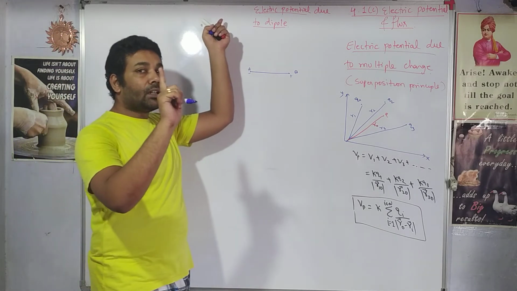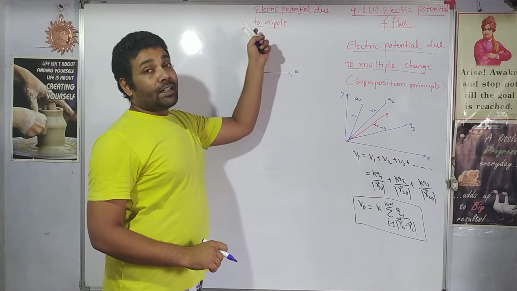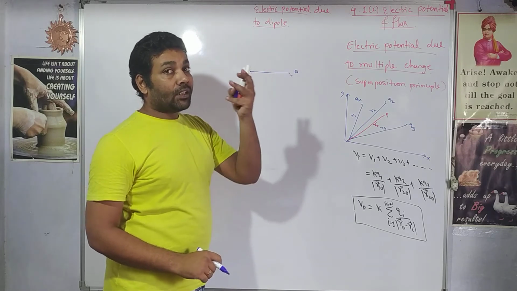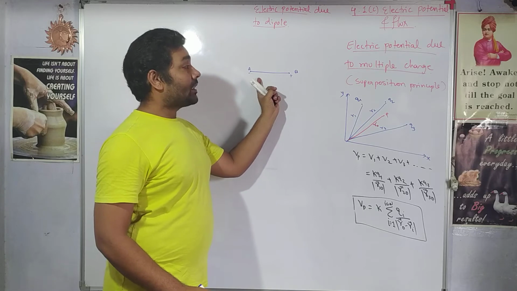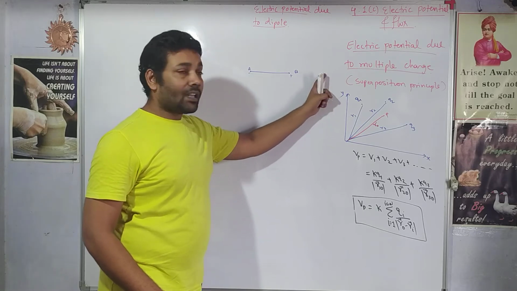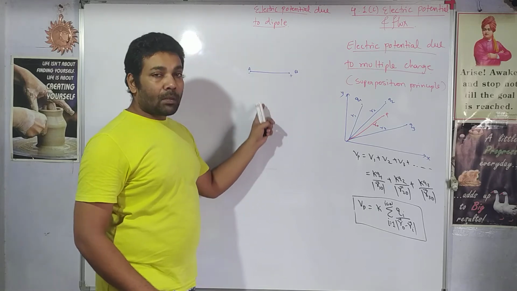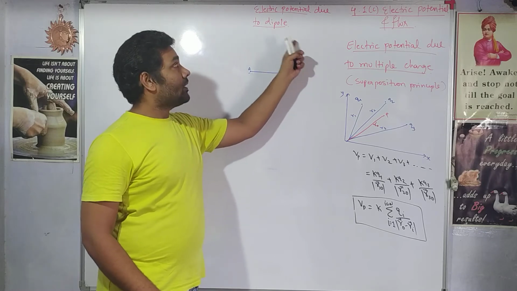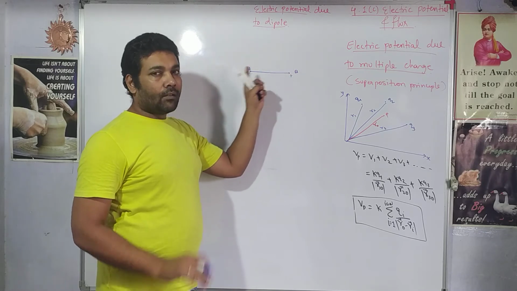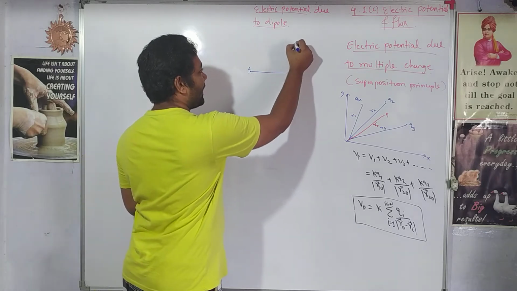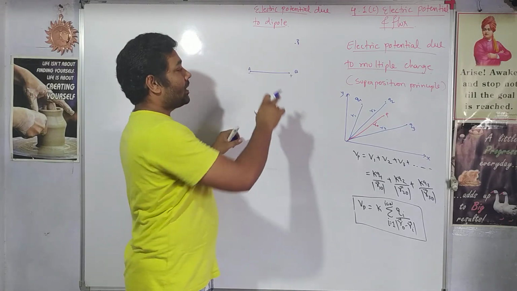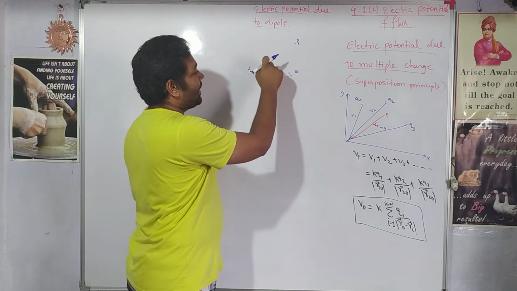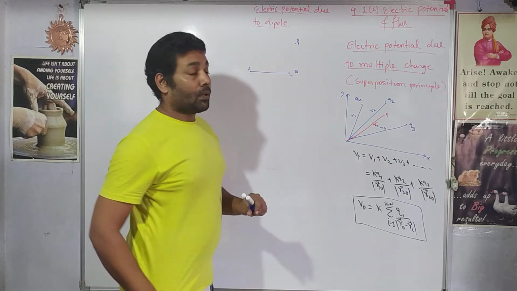If you recollect the electric field due to a dipole, there were three different derivations: the electric field on the axial line, the electric field on the perpendicular line, and the electric field at any other point. Here we will find the electric potential at any point, and then we will conclude what the electric potential is on the axial line and on the perpendicular line.